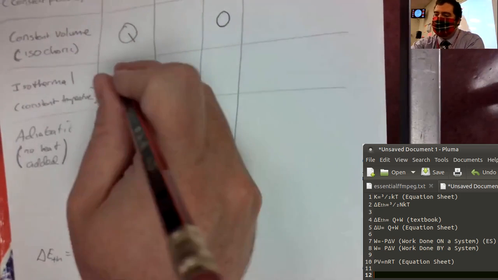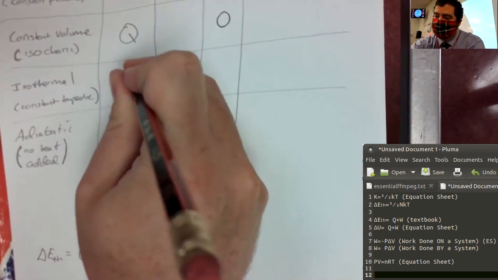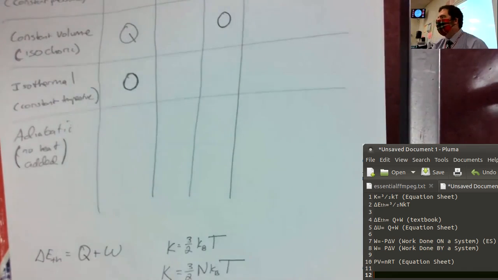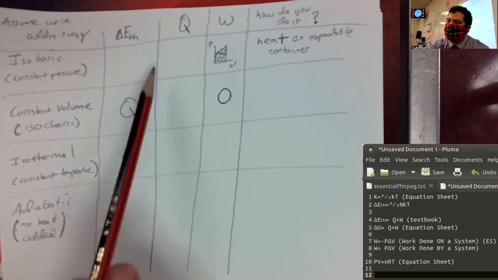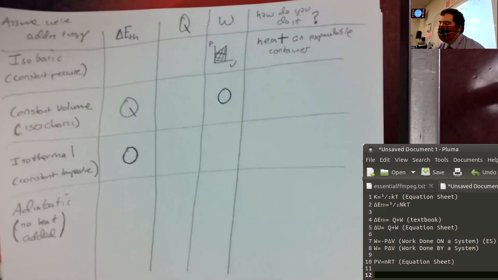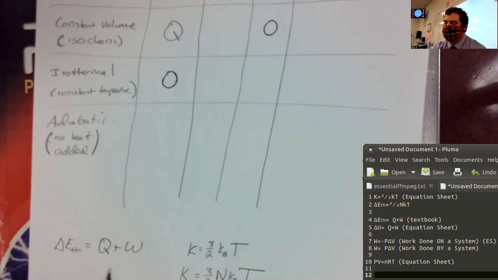That means our change in thermal energy for an isothermal process is zero. You can add energy to a system by work or heat. So if you have a system that's having energy transferring, but its overall thermal energy is not changing, if we go back to this equation here, let's say I did heat this system.